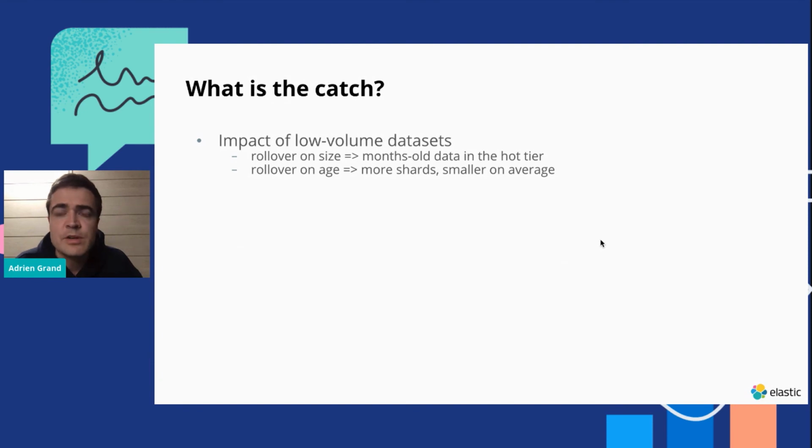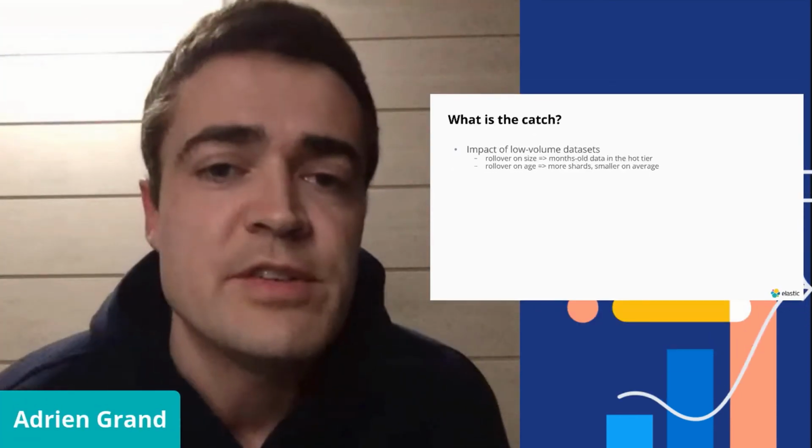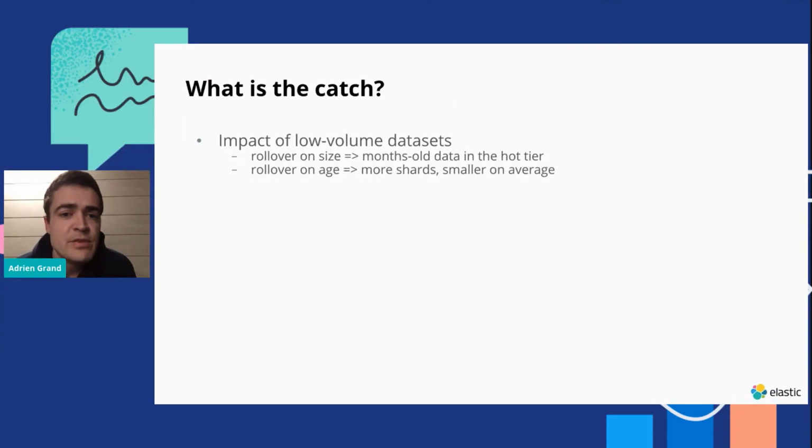So what's the catch? What's the downside? We've been talking about the benefits of this new approach. You get better control over the retention, you get better space efficiency, you get better memory efficiency, and indexing throughput. So what's the downside? The downside is really for low volume data sets because you have two choices. Either you roll over on size. For instance, you configure rollover to happen after 50 gigabytes.